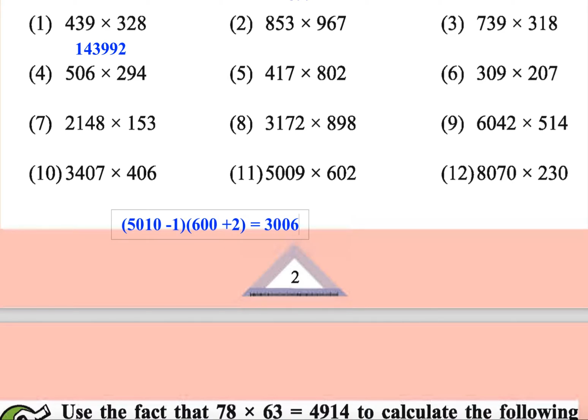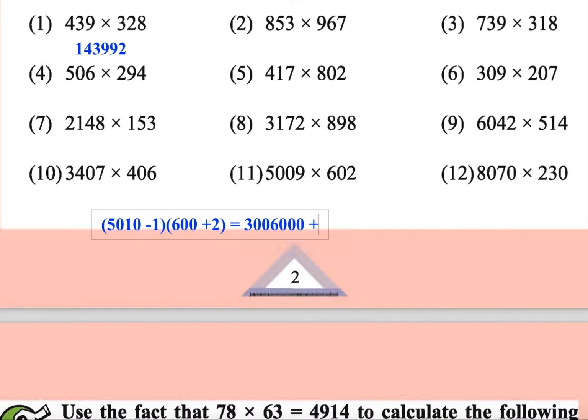Let me tell you once again. This is 0 first, 6 1s are 6, 600, 6 5s are 30. 5000 into 6 is 30,000, and 2 more zeros. This is 5010 into 600.